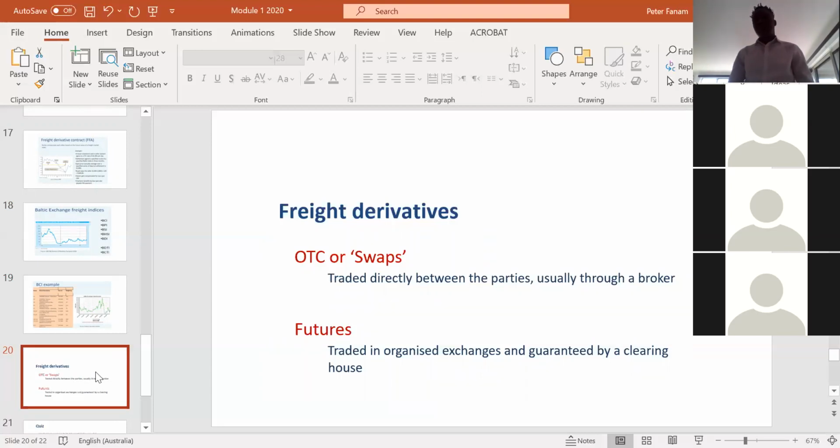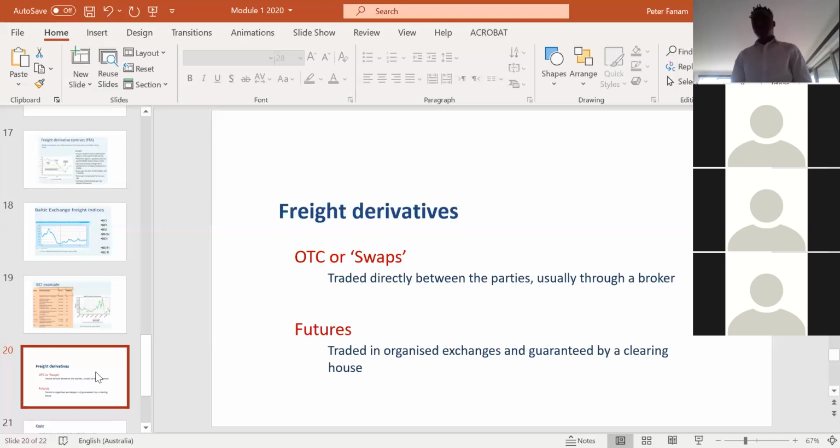Now, there are some disadvantages to this offer. The disadvantage is that you have a risk of losing, because the contract is signed between the ship owner and the charterer.